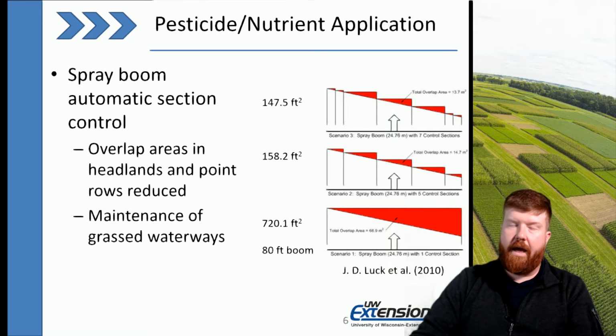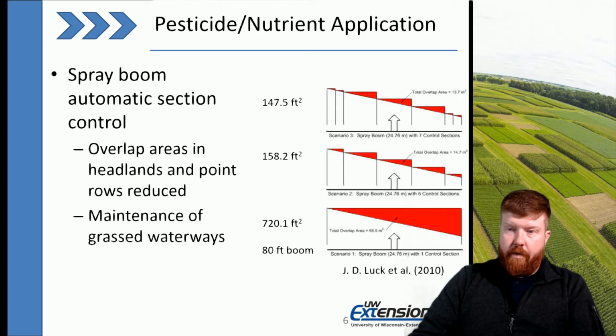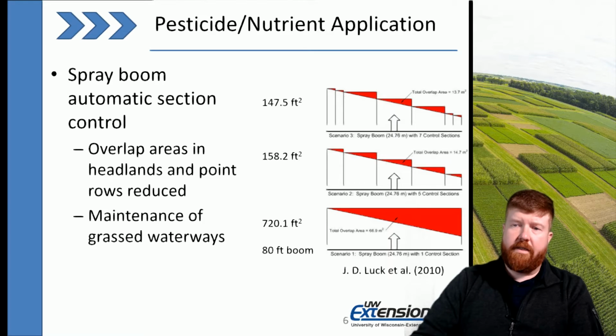So just looking at point rows, end rows, and grass waterways and buffer strips that we do not want to spray. Looking at an 80-foot boom, which is really fairly small now compared to some of the booms we have in the state, if you just shut the entire boom off as you enter a point row, you overspray about 720 square feet.